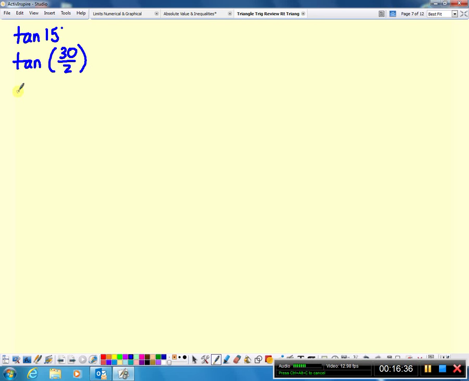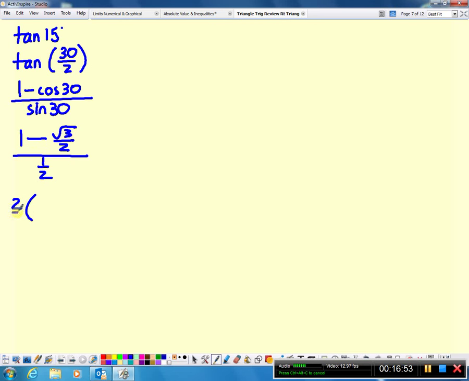And in this case, of course, theta is 30. So cosine of 30 degrees is the square root of 3 over 2, while sine of 30 is a half. If I flip and multiply, it's 2 over 1 times 1 minus the square root of 3 over 2. When I distribute, I get 2 minus the square root of 3. I'll go back and insert that momentarily.